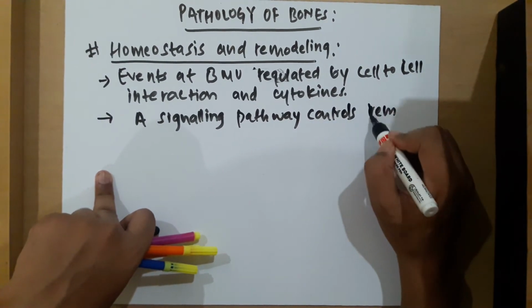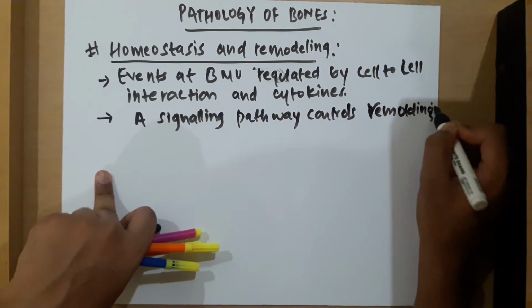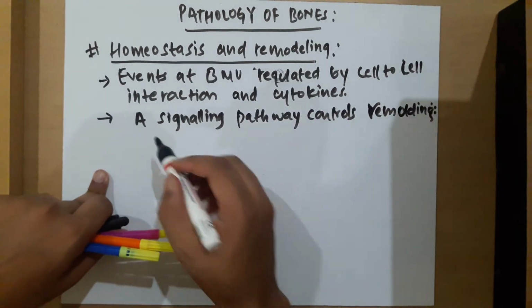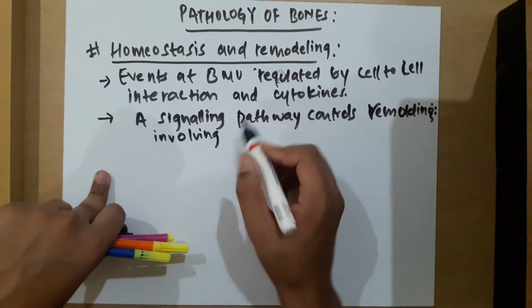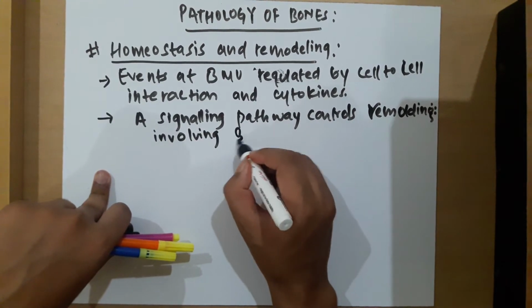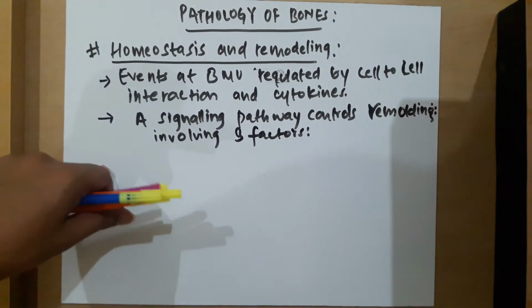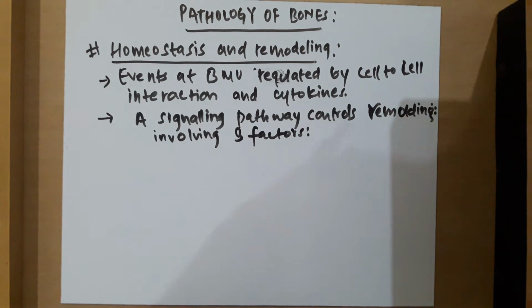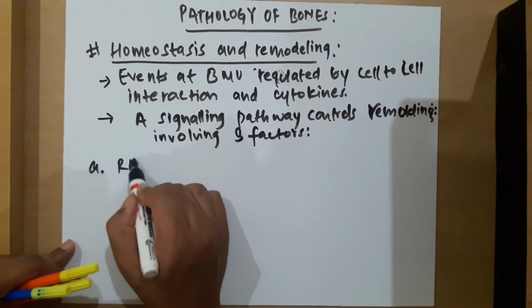And this pathway involves three factors, and those factors are RANK, RANK ligand, and OPG, osteoprotegerin, okay. So we'll discuss about all. So first let's discuss about RANK.